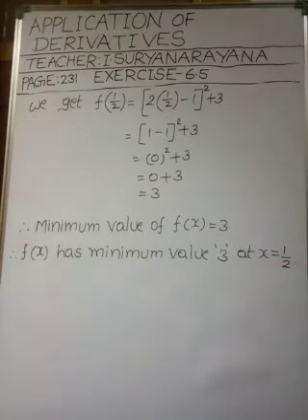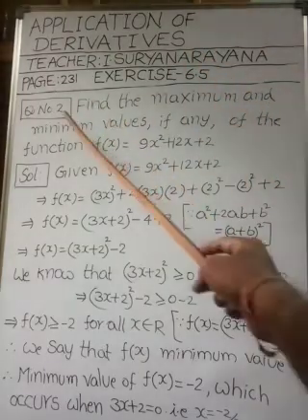Then we get the maximum values or minimum values of f of x. Understood these 4 steps, my children? Follow these 4 steps, whatever the question given based on the concept of finding the maximum values and minimum values of a given function.